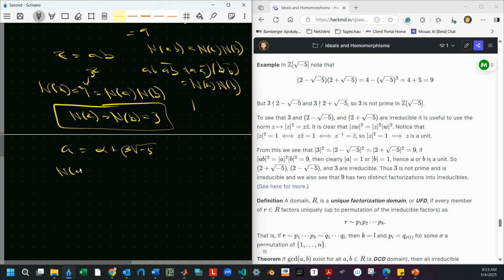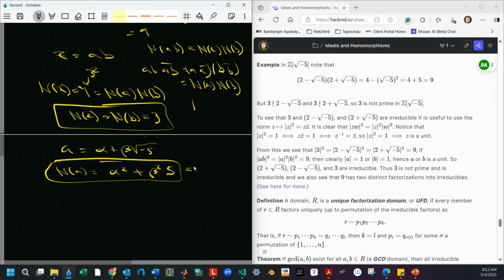Then N of A is going to be alpha squared plus 5 times beta squared. Remember, this is like the length of this. You get this i times i thing, and that's how this works. You can check that. That's the way the norm works.